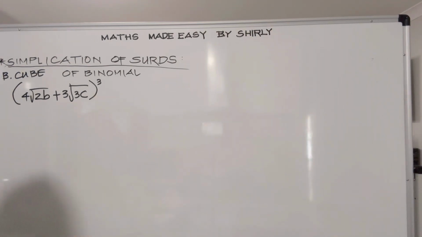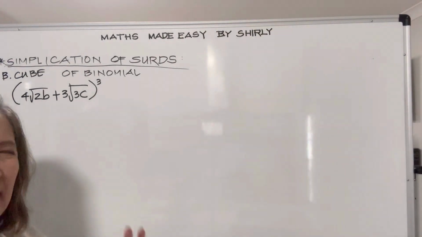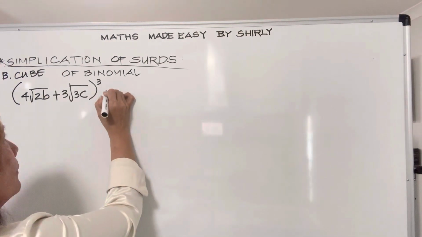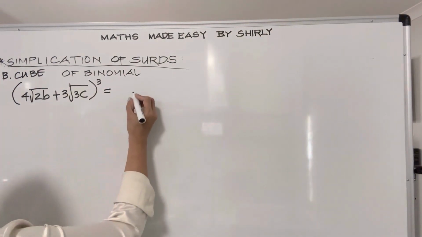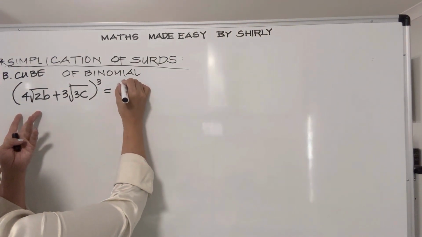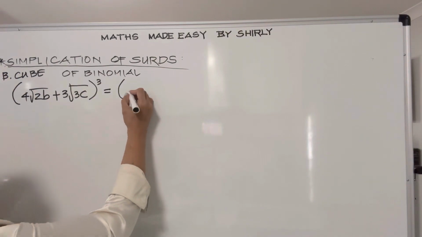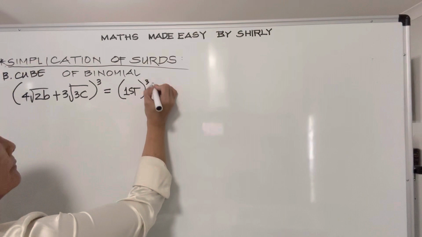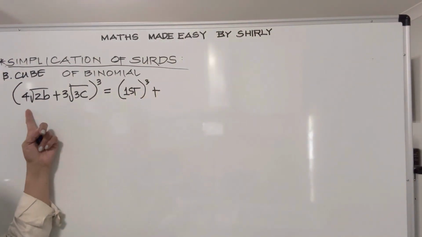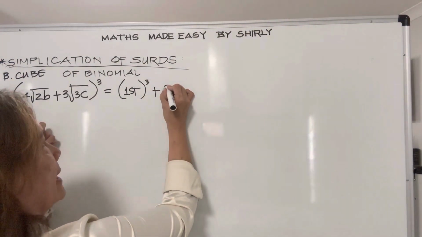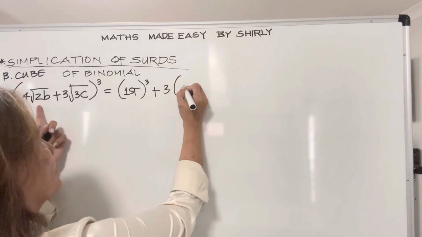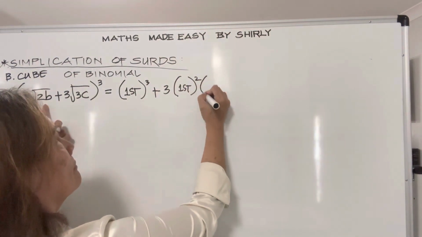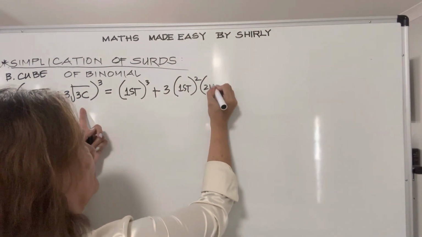In simplifying a cube of a binomial, whether it is a surd or not, we always follow the rule: cubing the first term. So we cube the first term. Next, we get thrice the product of the square of the first term multiplied by the second term.